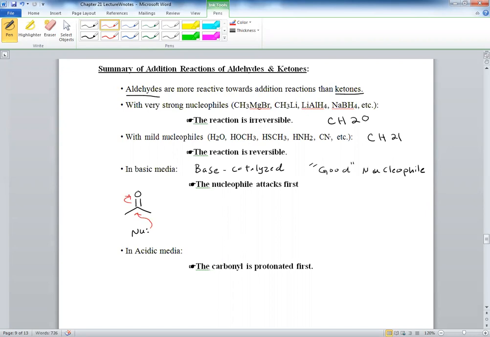The nucleophile attacks first. You form the O minus, and then we talked about protonation happens next, followed by protonation, etc.